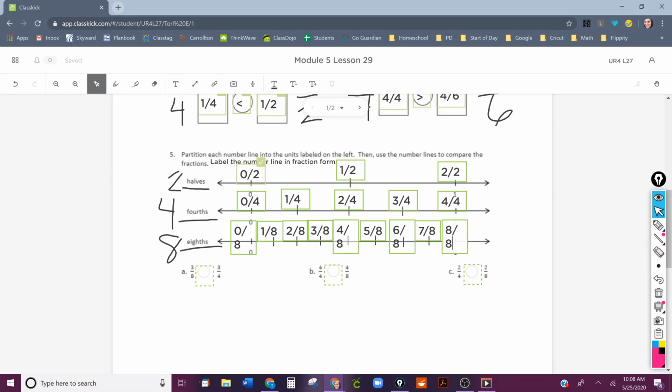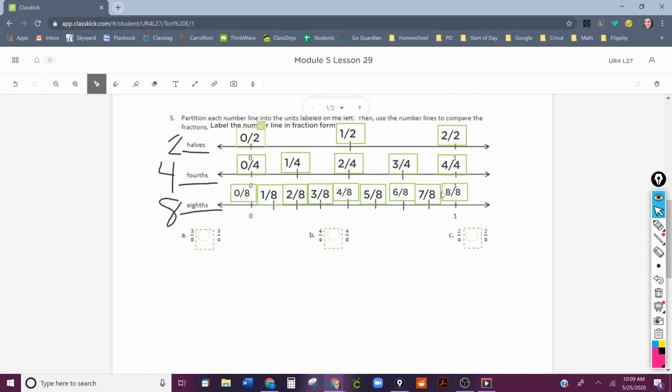You'll notice some of them didn't quite fit in the box. That's okay. If you really want to fix it, you can highlight it and come up here and make it smaller, if you're kind of a visual person like me and you like them to all look the same. Okay, so now we've filled in that whole number line.